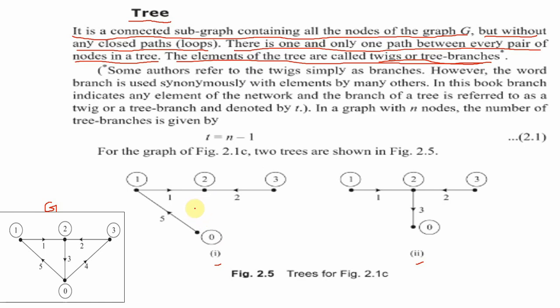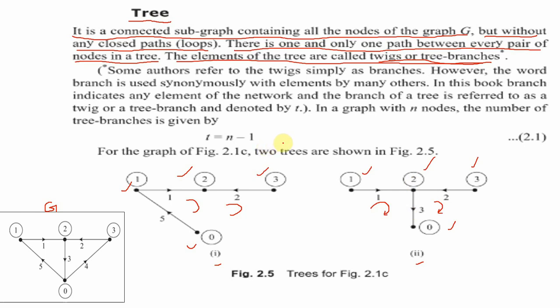In this figure you clearly observe that all the nodes are present: node 1, node 2, node 3, and node 0 is present, but there is no closed loop. Now in another diagram you observe that all the nodes are present, but there are no loops. So this is also called a tree.